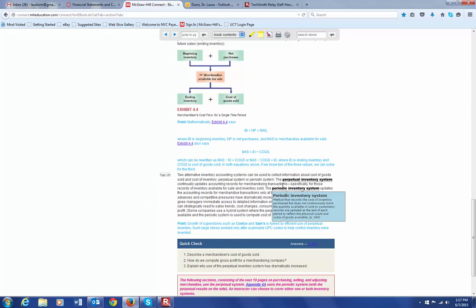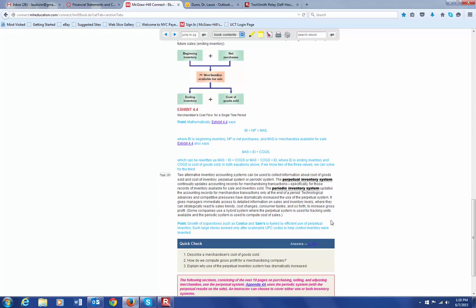So you would take an inventory at the end of the period and then figure out what your cost of goods sold was for that particular period. Because of technology, it's so much easier now to kind of keep track on a regular basis, so more and more people are using the perpetual system. It also gives you immediate access to the information that you need.